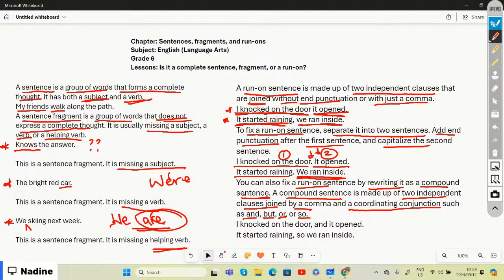If we want to look at an example, we can say, "I knocked on the door, comma, and it opened." There we have the comma and "and," our comma and our coordinating conjunction. And the next one says, "It started raining, comma, so we ran inside." We just joined our two sentences to form one compound sentence.